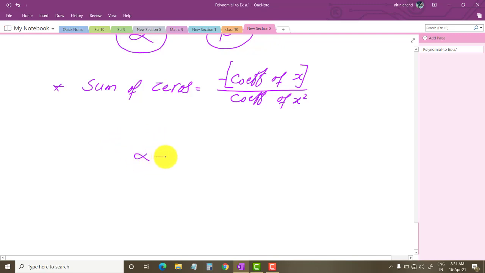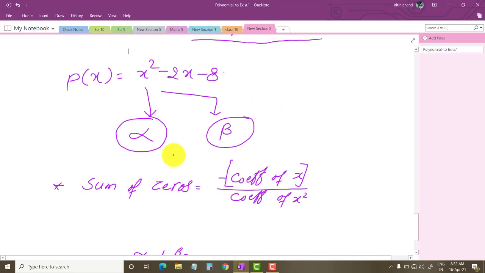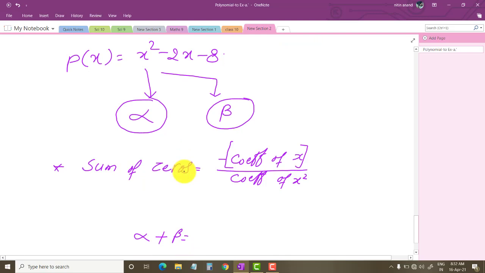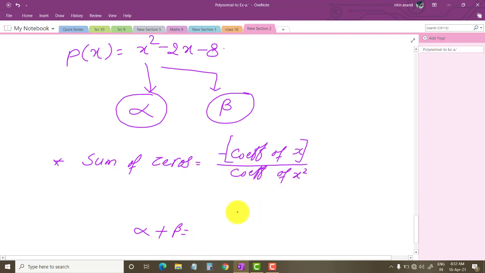We have zeros alpha and beta, so alpha plus beta equals minus of minus 2, this becomes plus, divided by the coefficient of x squared, which is 1. So the sum of alpha and beta is 2 by 1, that means only 2.